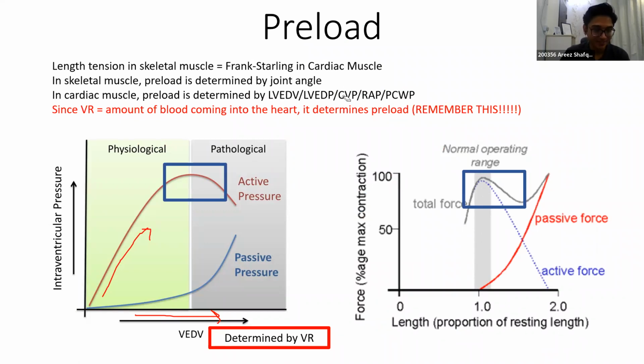That's the same as central venous pressure, that's the same as right atrial pressure, and that's the same as pulmonary capillary wedge pressure. Sometimes, I don't know why, they just change the name of the axis just to confuse people. But the concept is exactly the same. It doesn't really matter. Don't concentrate on the axis. Look at what's happening in the curve.